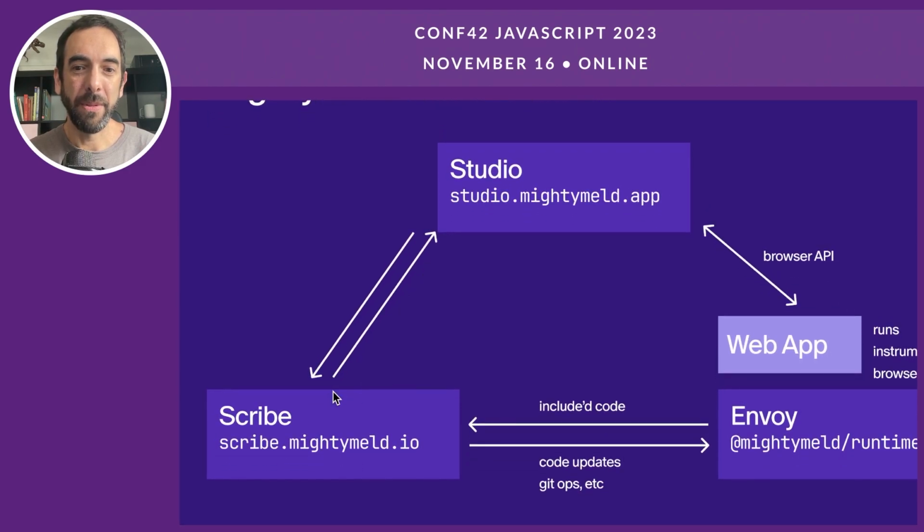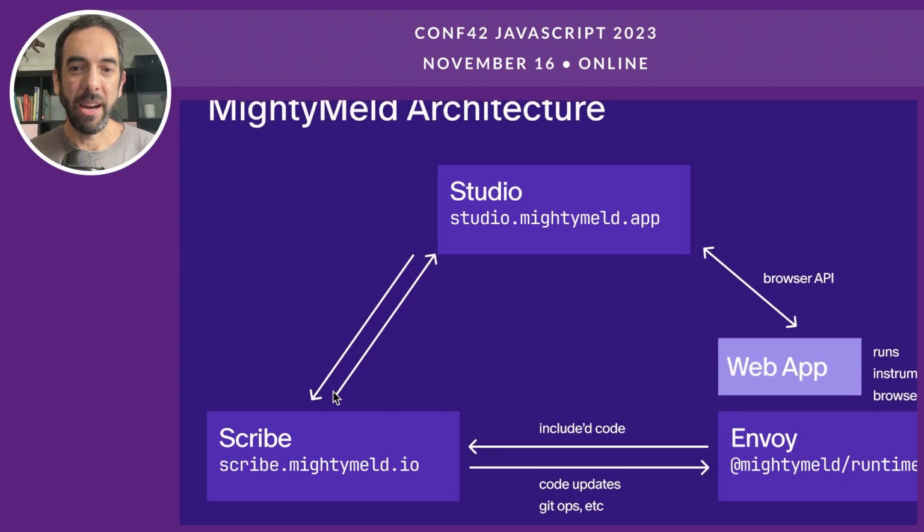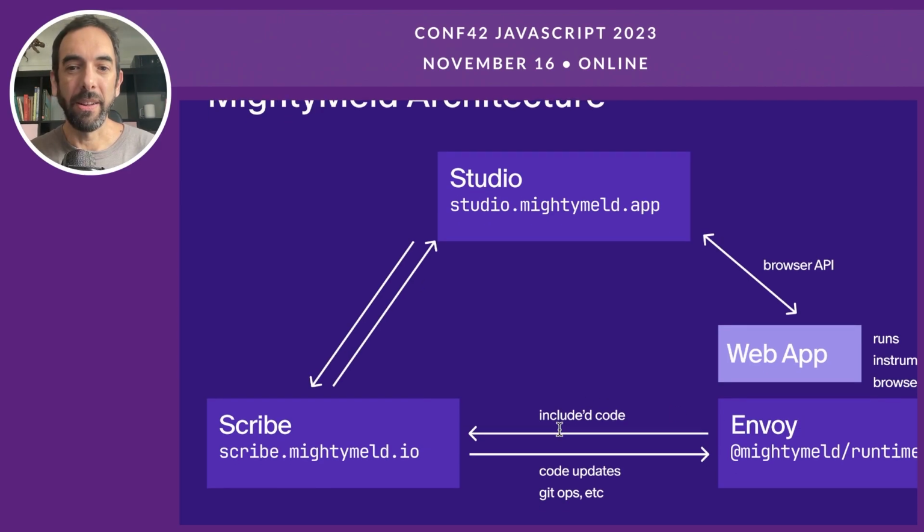What does the Scribe do? The Scribe shares code updates. It gets the code from the Envoy. Envoy launches, and it gives not all the code, just the code that you choose in your config file, the front end code essentially, to the Scribe. The Scribe processes it and has these representations of the JSX entities and the components and the styles and everything, and passes those to Studio.